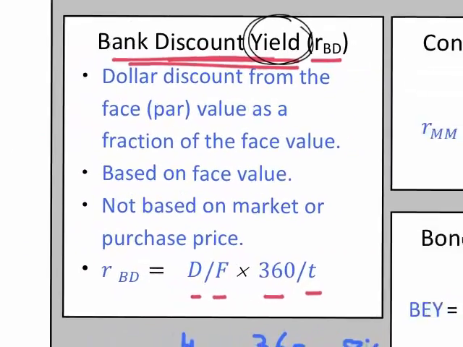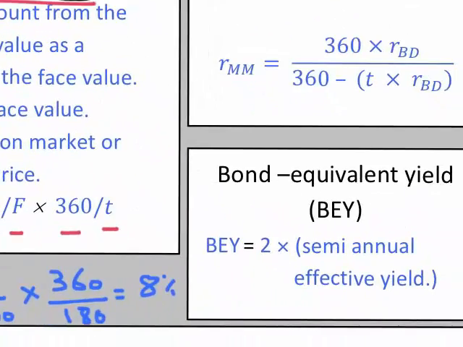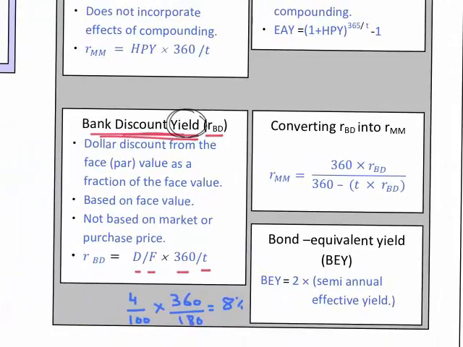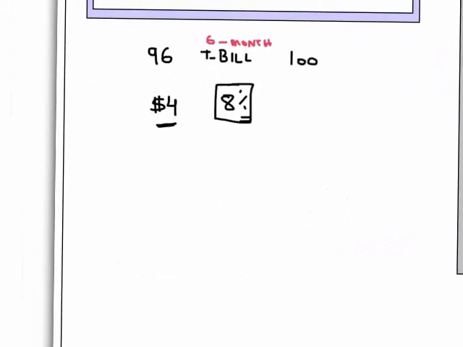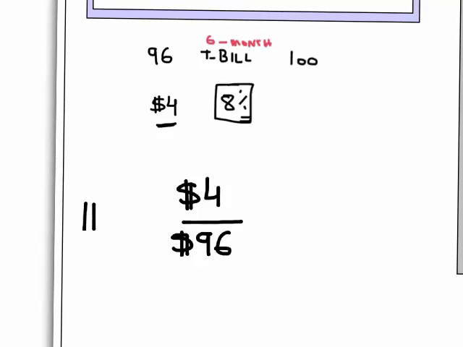Let's look at another way to calculate this number. How much am I earning if I invest in this? I'm earning $4 over investment of 96. My percentage return is not 4% because to earn $4, I did not invest $100. This is known as holding period yield, and as you can see, this will be greater than 4%.